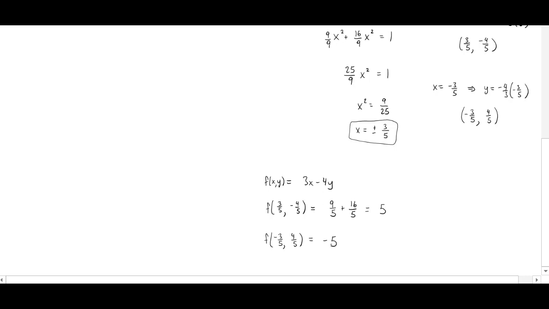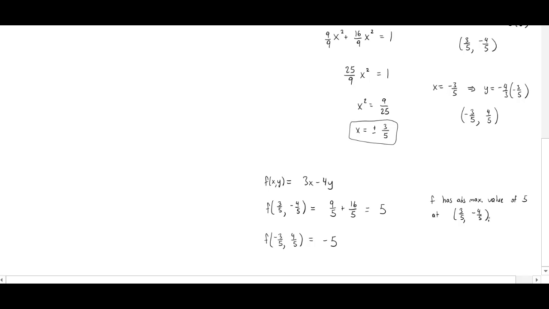So in this problem, f will have an absolute maximum value of 5 at the point 3/5, negative 4/5.